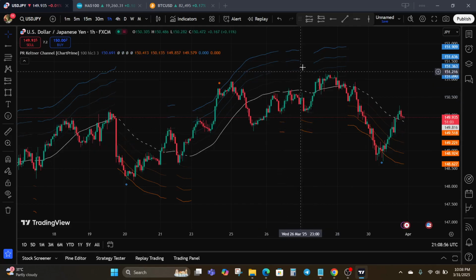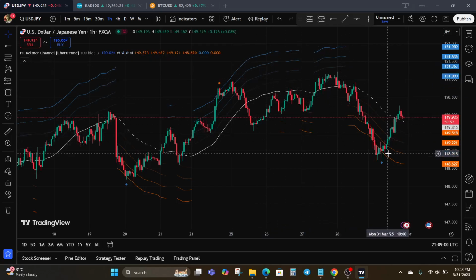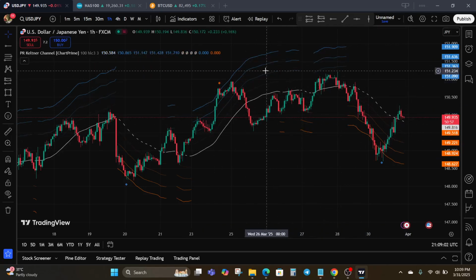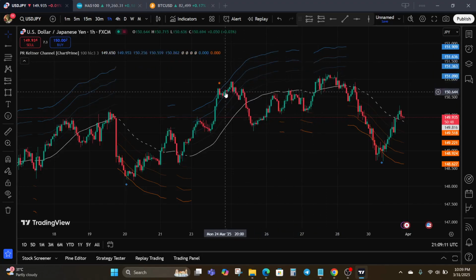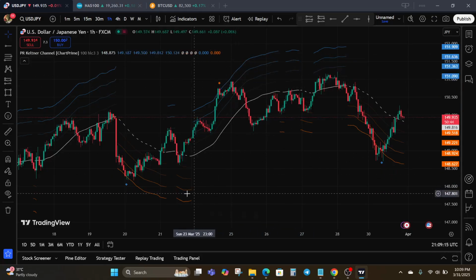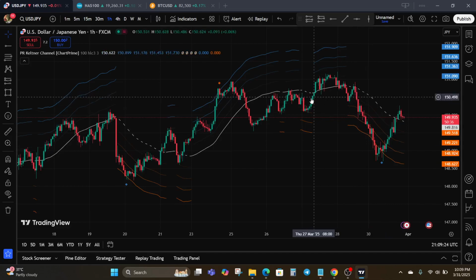You can see that there are upper bands and lower bands. The upper bands are in blue, the lower bands are in red, although they're kind of broken bands. The upper bands serve as dynamic resistance levels, while the lower bands serve as dynamic support levels. Then the polynomial regression line also helps to identify trend direction and reversal.